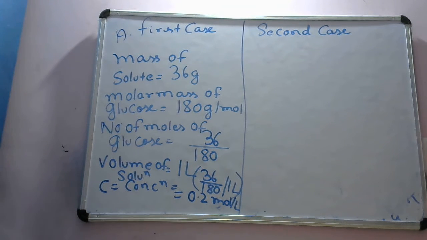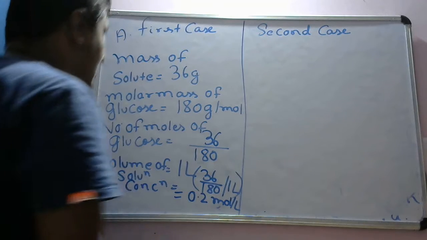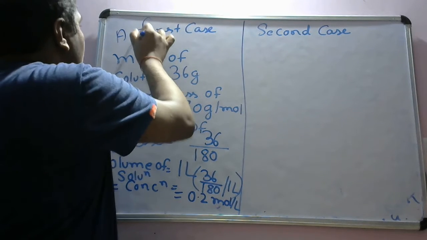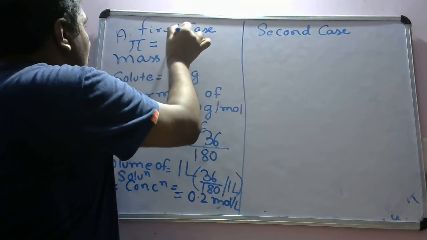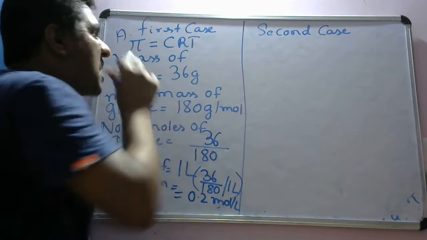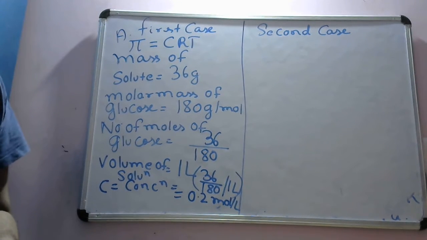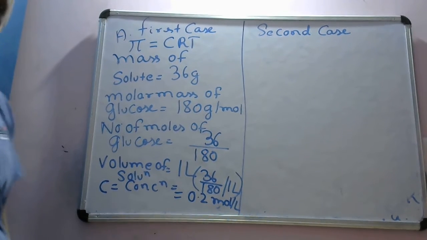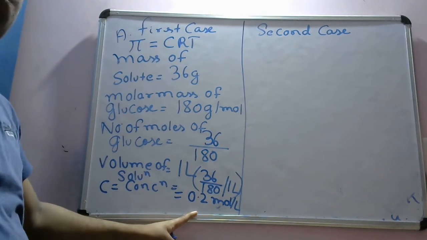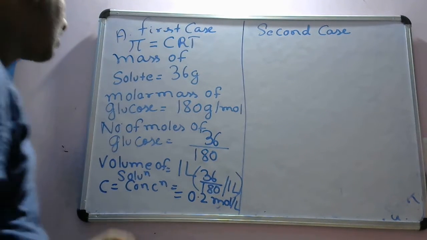Now we will apply the equation pi equal to CRT, where C is the concentration or molarity. Here I am writing, you will write separately, pi equal to CRT, you know the equation. Simply we will substitute the values, because we know what is pi, we know what is C, we found out, and we know the temperature.